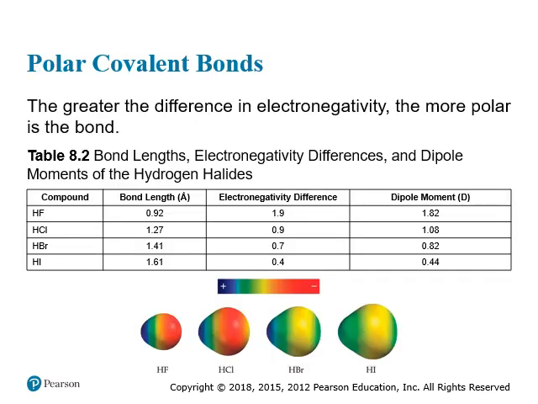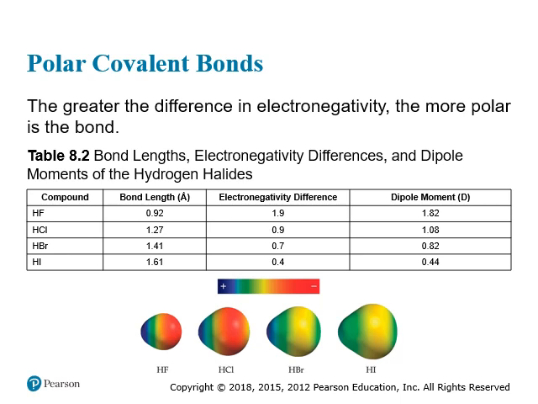In general, the greater the difference in electronegativity between two atoms, the more polar the bond is, or the greater the polarity. In the table listed below, we see the bond lengths, the electronegativity differences, and a calculation known as the dipole moment of a series of hydrogen halides, hydrogen interacting with the halogens, those group 17 elements.